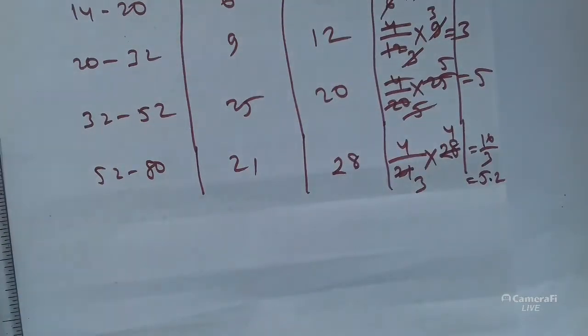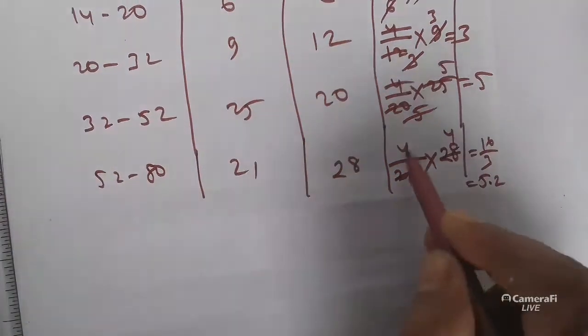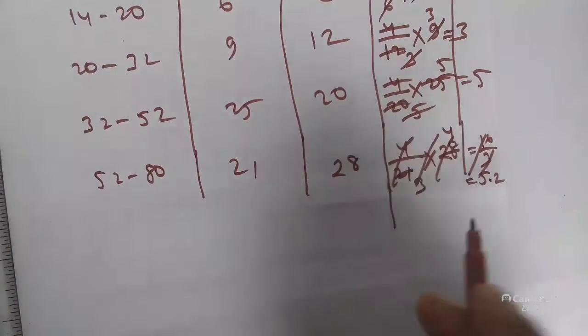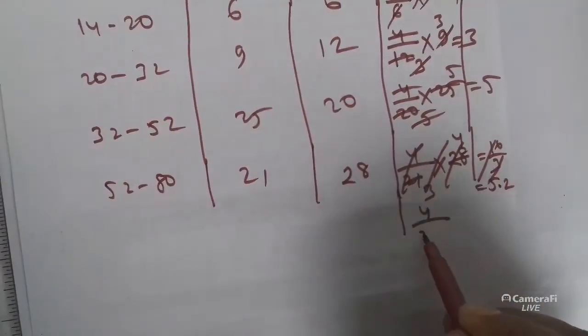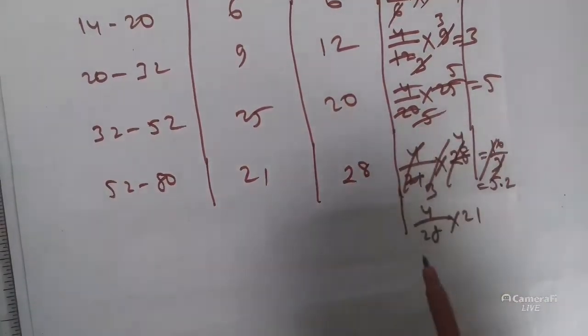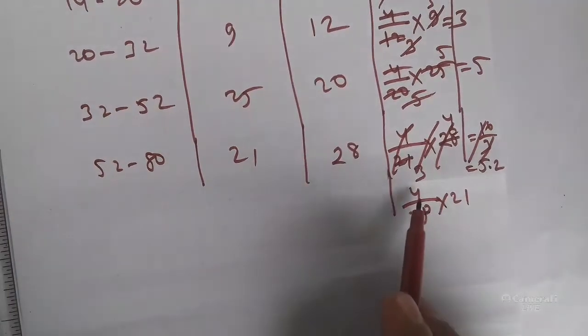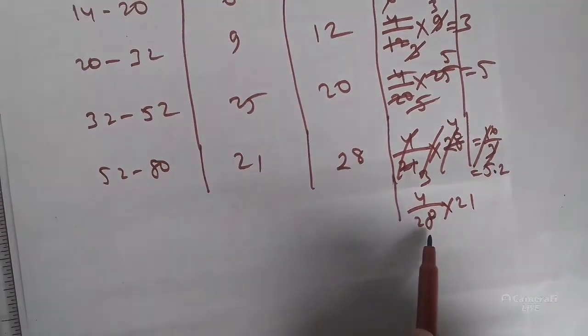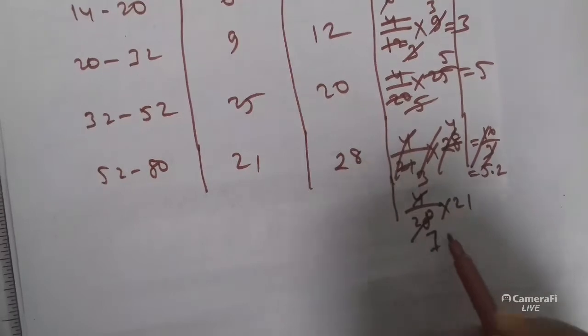Understood everyone? Here I made a mistake. It will be 4 by 28 into 21, because the small class width is 4 and the real class width is 28. So it will be 3.